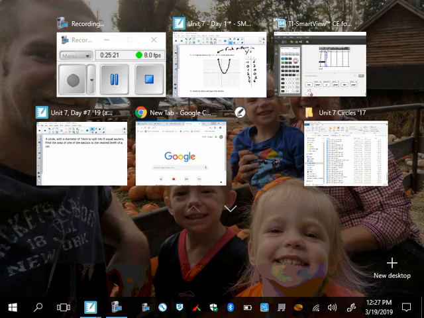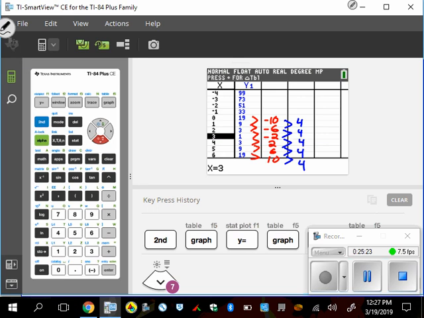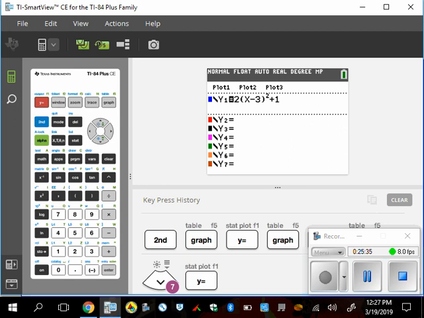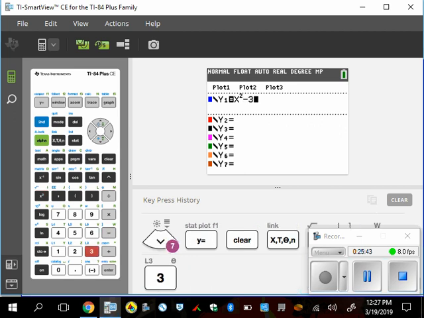Okay, so if I'm putting this in my calculator, I'm looking for the pattern of the y values as I'm doing this. So we've got x squared minus 3x plus 2.